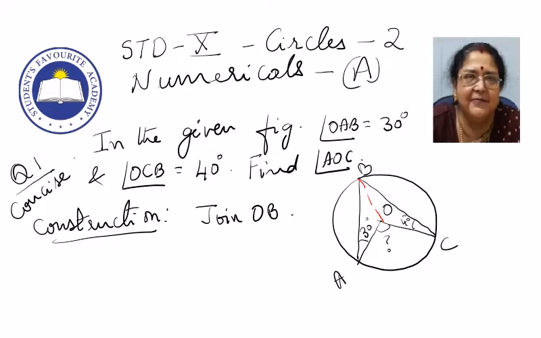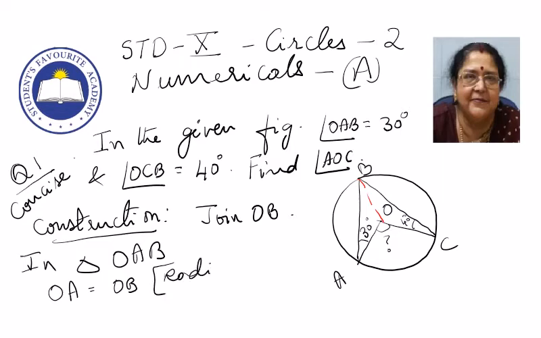Okay. Now in triangle OAB, OA is equal to OB. Why? Reason is radii of the same circle. So reason always should be written in square brackets. So radii of the same circle.